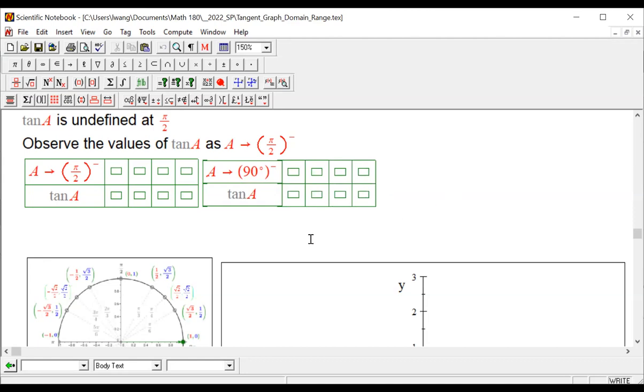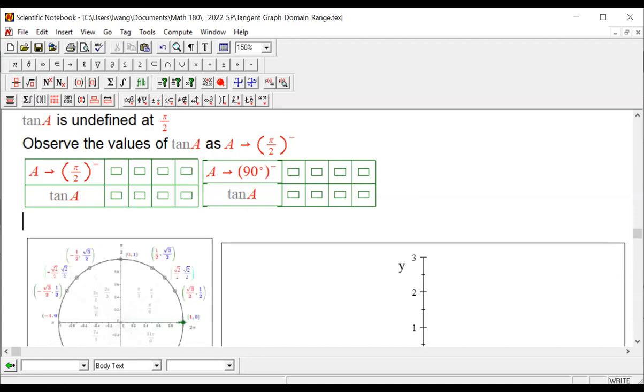Okay, so we're going to choose some values. Let's do degrees from less than 90 degrees, we can think of something like 88 degrees. Tangent 88 degrees, what does that equal?